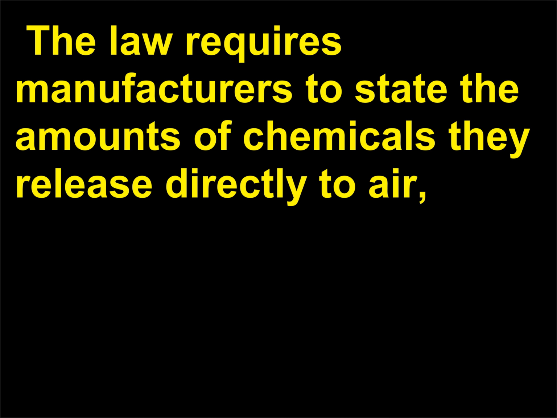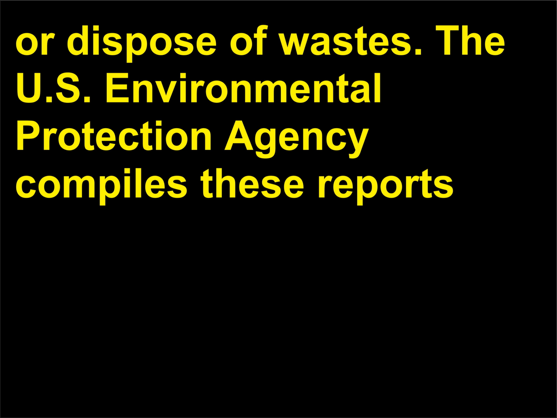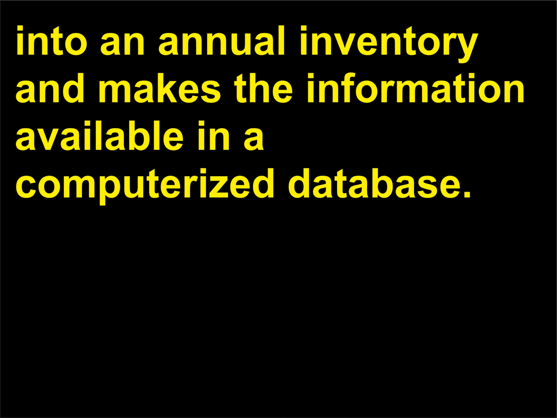The law requires manufacturers to state the amounts of chemicals they release directly to air, land, or water, or state that they transfer to off-site facilities that treat or dispose of wastes. The U.S. Environmental Protection Agency compiles these reports into an annual inventory and makes the information available in a computerized database.